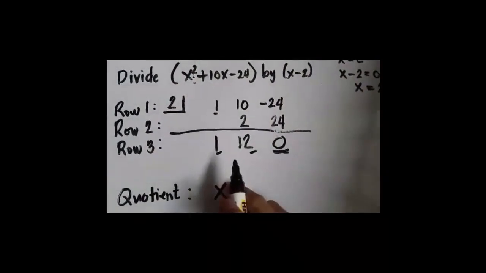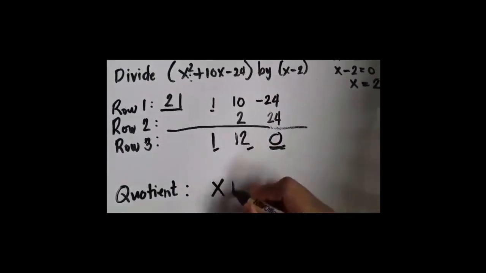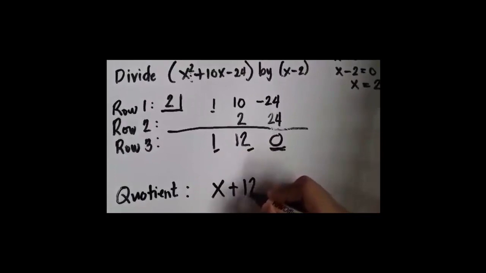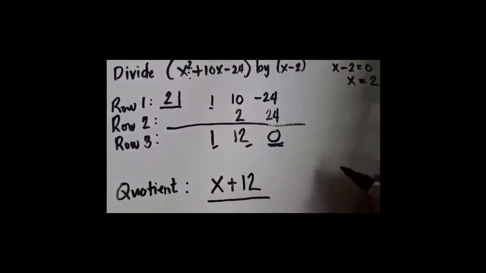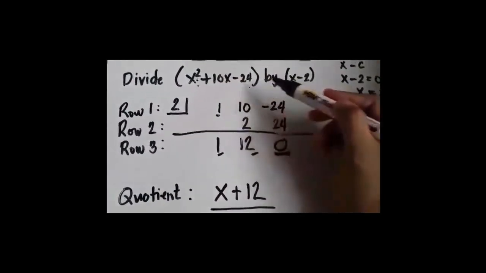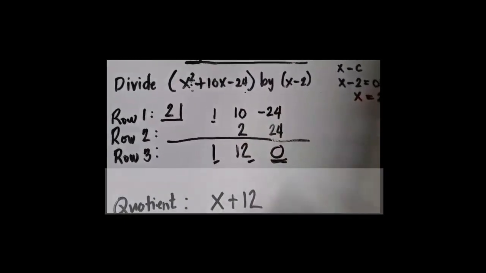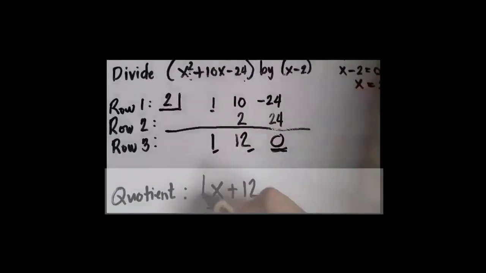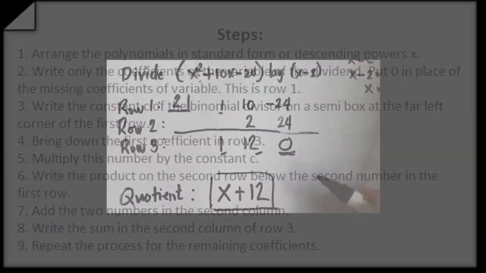So, sometimes, hindi naman talaga natin sinusulat yung 1 degree. And then, plus 12. So, this will be our quotient. So, x squared plus 10x minus 24 divided by x minus 2, the answer is x plus 12. Any question po? Salamat!